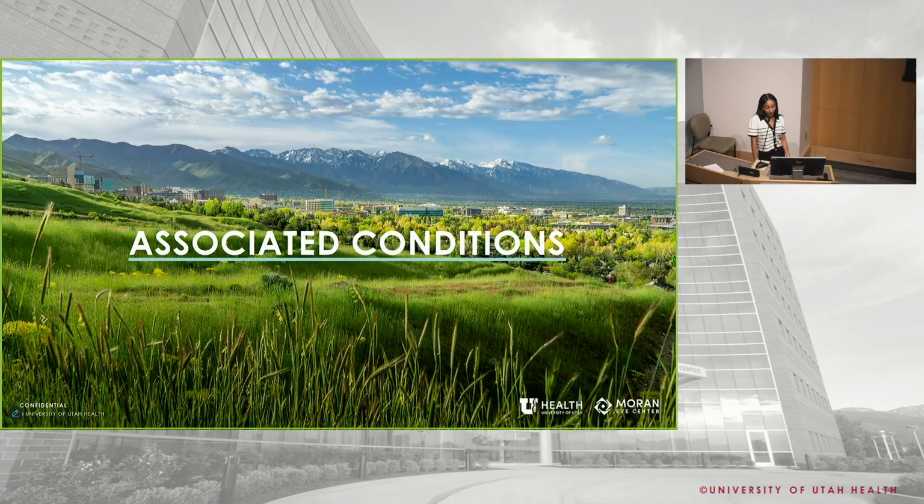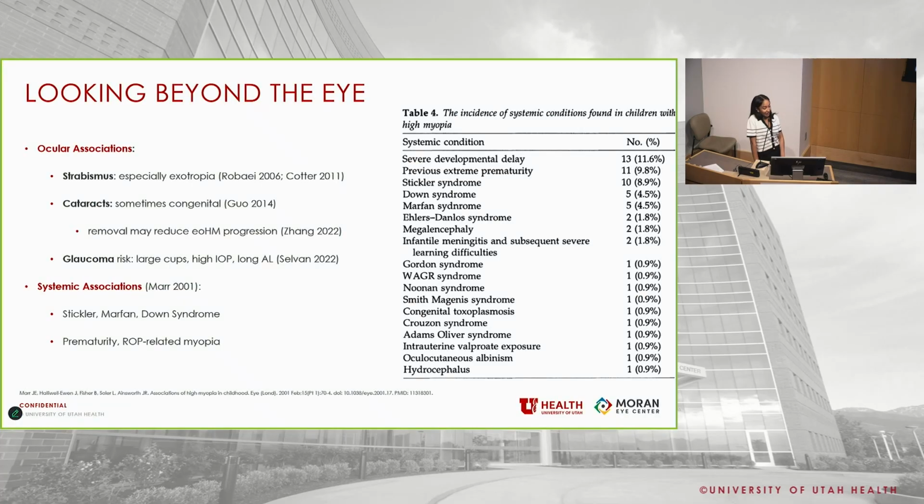All right, so moving forward to associated conditions. This says looking beyond the eye, but still looking at the eye. Regarding the ocular associations, we see strabismus a lot with these kids, especially exotropia, when in fact a lot of younger kids tend to have more esotropia as they're super young, but in these particular patient populations, we tend to see exotropia more.